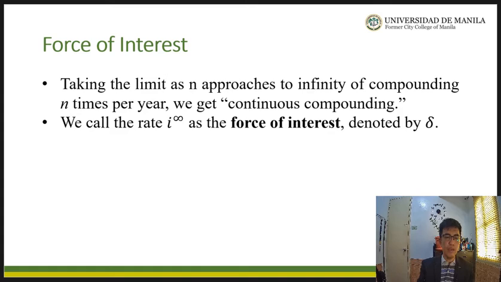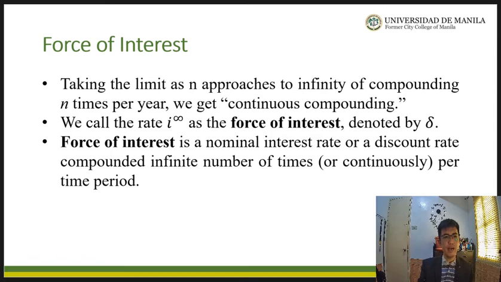We call the rate i raised by the infinity the force of interest, denoted by the Greek letter delta. And we define the force of interest as a nominal interest rate or a discount rate compounded an infinite number of times, or continuously, per time period.